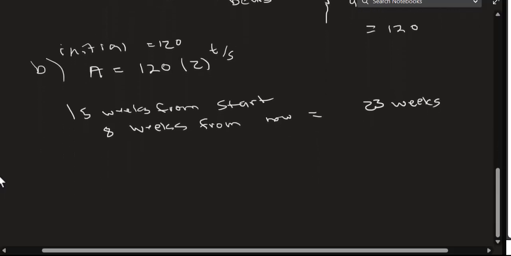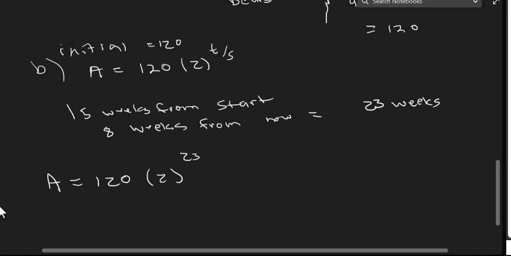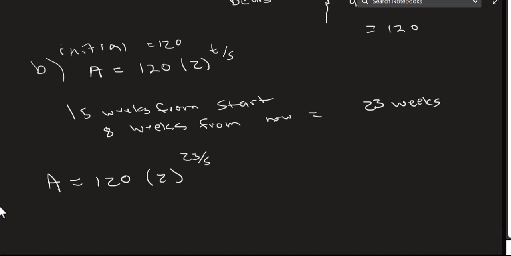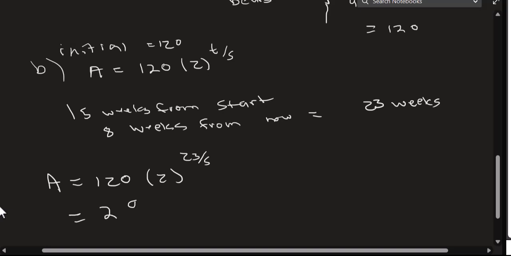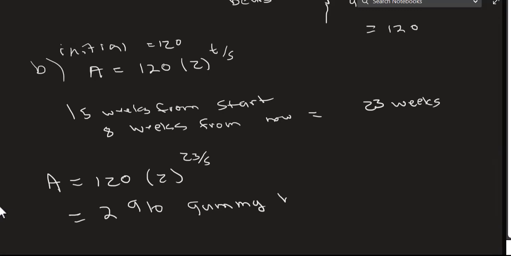So to find the amount we would have 8 weeks from now, we would take 120 times 2 to the 23 over 5. And I get 2,910 rounded to the nearest bear. 2,910 gummy bears. Can you guess what kind of snack I'm having? Okay, so that's how many you would have.